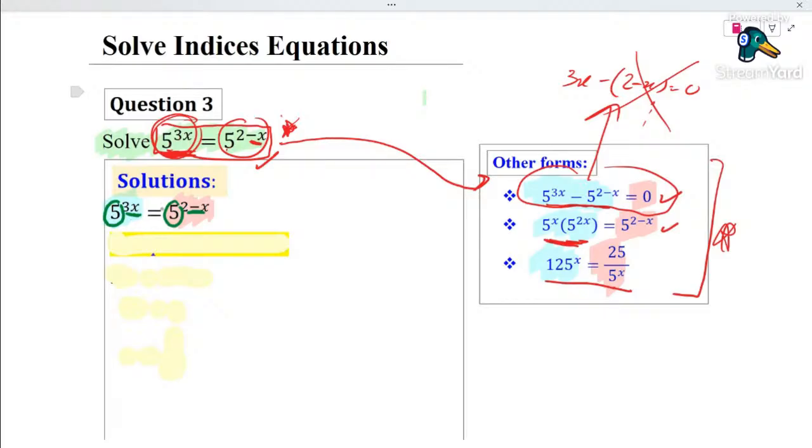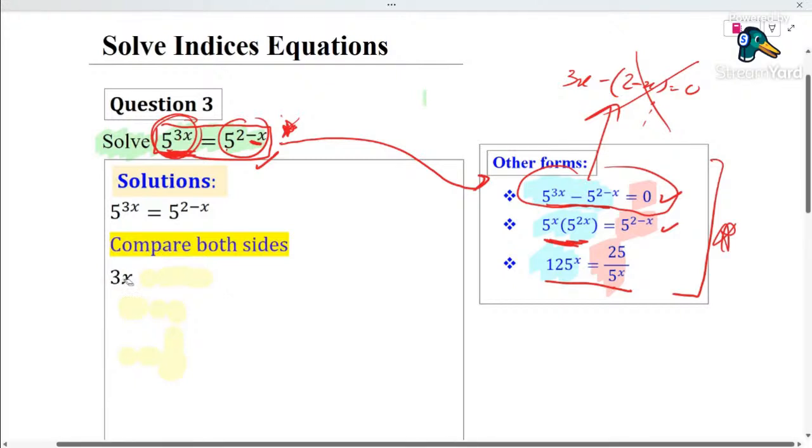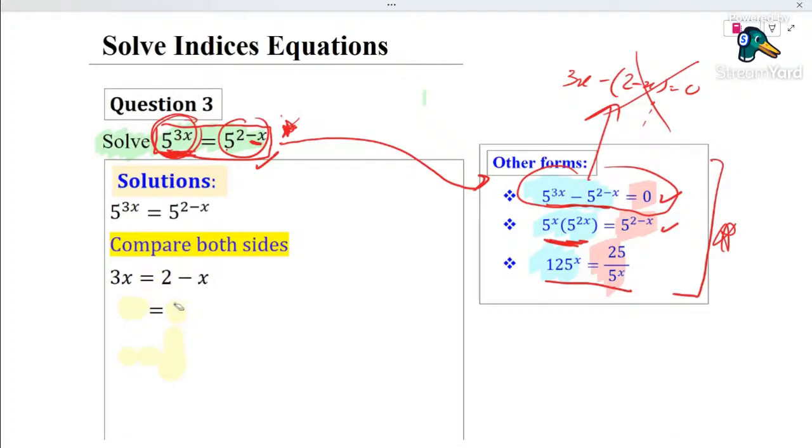So we compare the difference and then solve the question. So they must be compatible, where we can see there is some part they are similar. Then we compare the difference. So as a result, in this case here, we compare both sides for the power. We will have 3x from the left, 2 minus x from the right, and then we solve for the answer as follows.